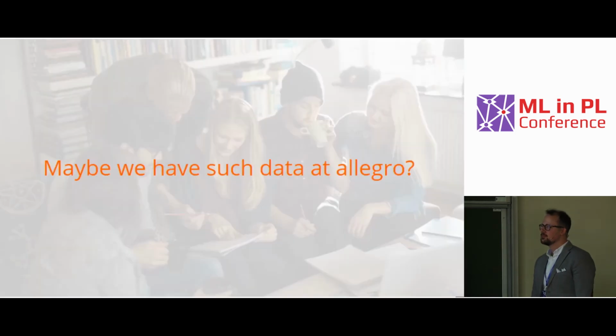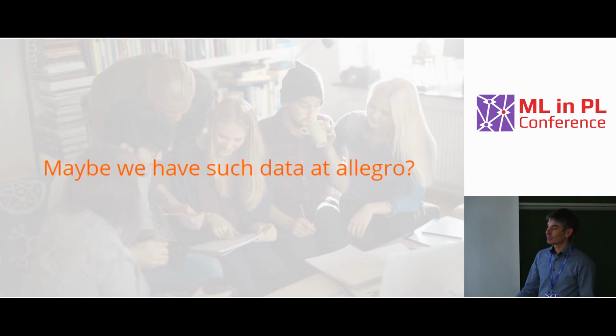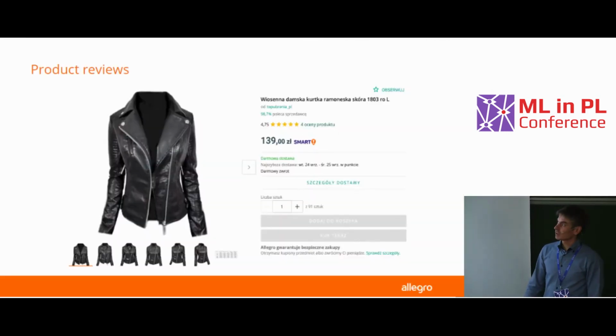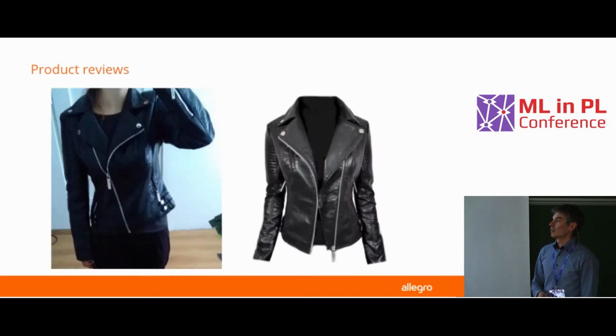Since we cannot use these external datasets, maybe we have some internal ones. Let's look. On Allegro, we have such a cool feature as product reviews. Our users like them and write them pretty often. They also sometimes upload images of the products they bought. So we could build a great dataset of pairs based on these images.